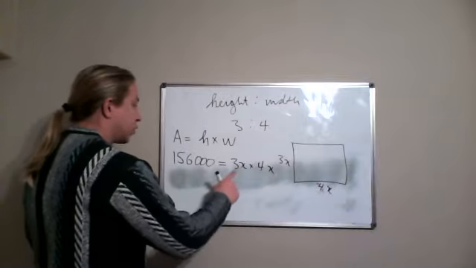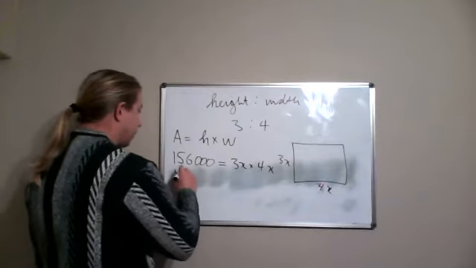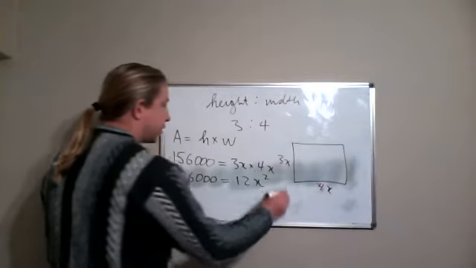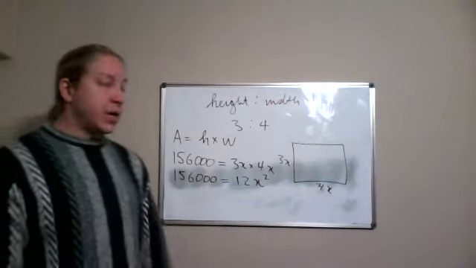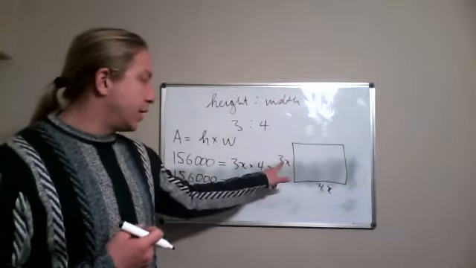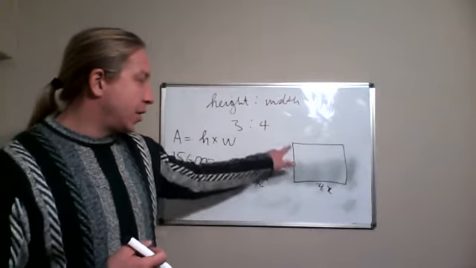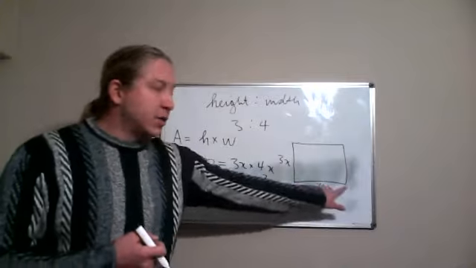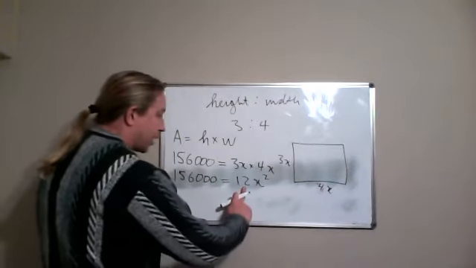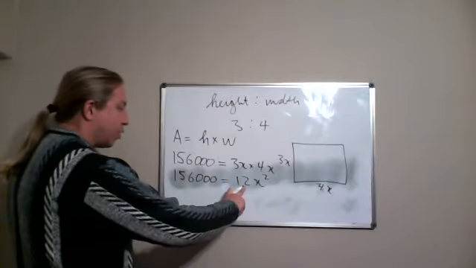We're going to get 12x squared, so 156,000 equals 12x squared. Now we need to solve for that x, because once we find x, we can then multiply 3 by x to get the height and 4 by x to get the width. So we're going to divide by this 12 on both sides.